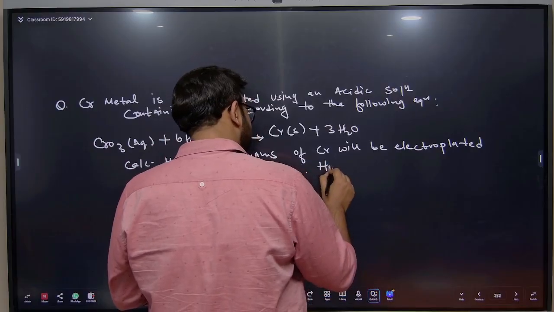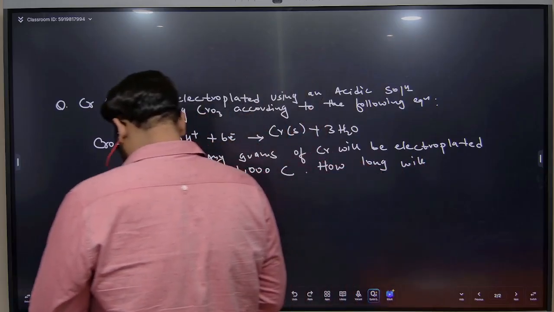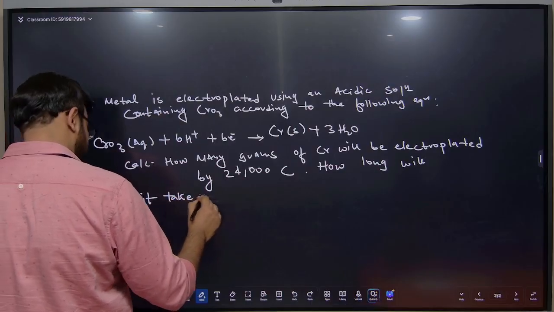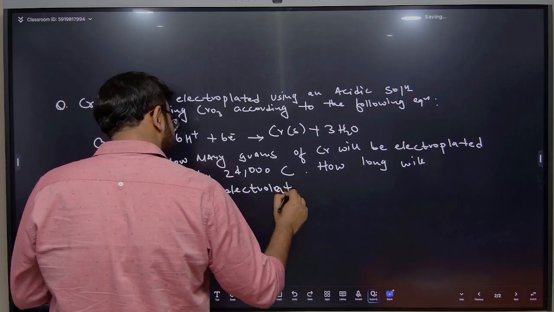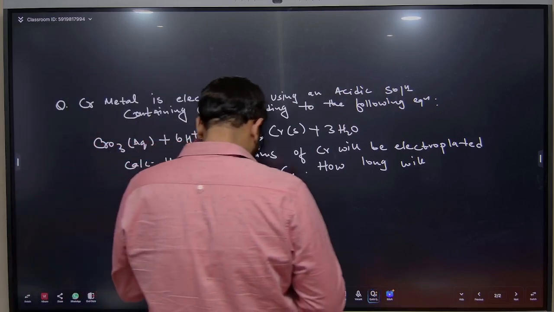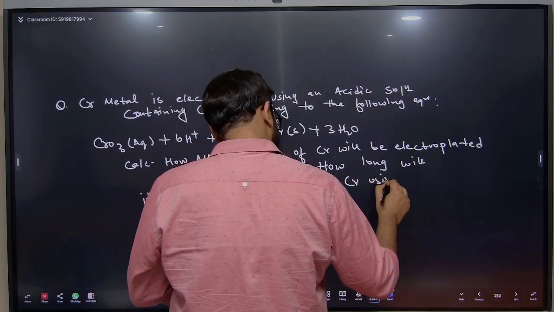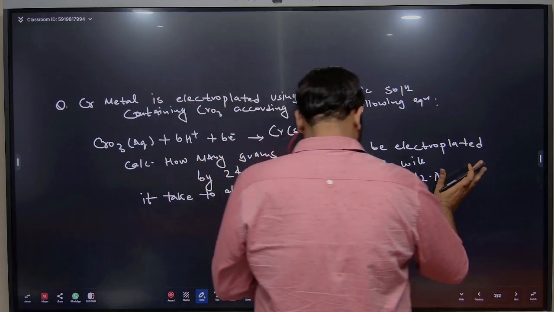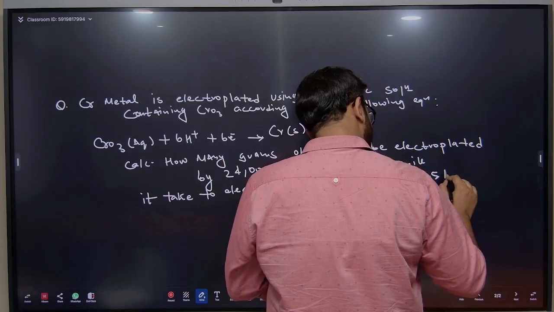Also it is asking how long will it take to electroplate. Guys, there are two different questions. How long will it take to electroplate 1.5 gram chromium using 12.5 ampere current?